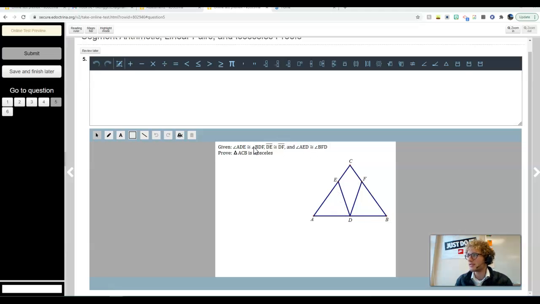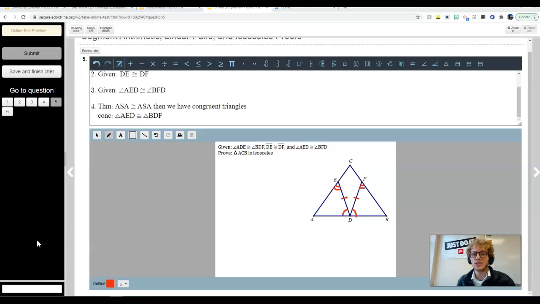Just from those givens, we get angle side angle. So all three of our first givens, they're just freebies. They just are freebies so that we can prove these triangles congruent. So I'm going to pause the video, type that all in, and we'll start from there.